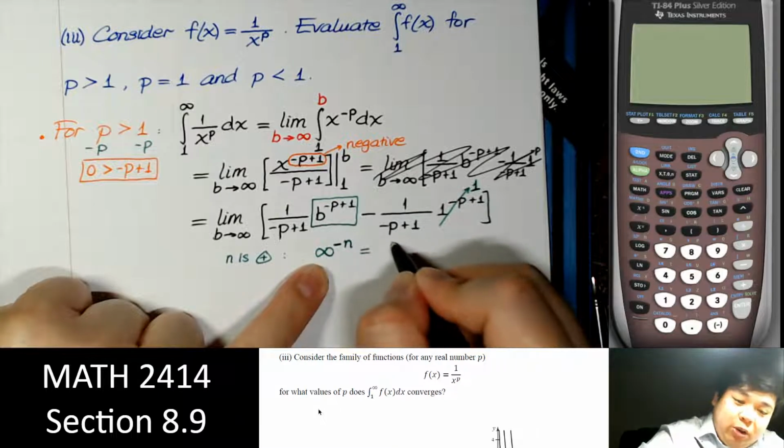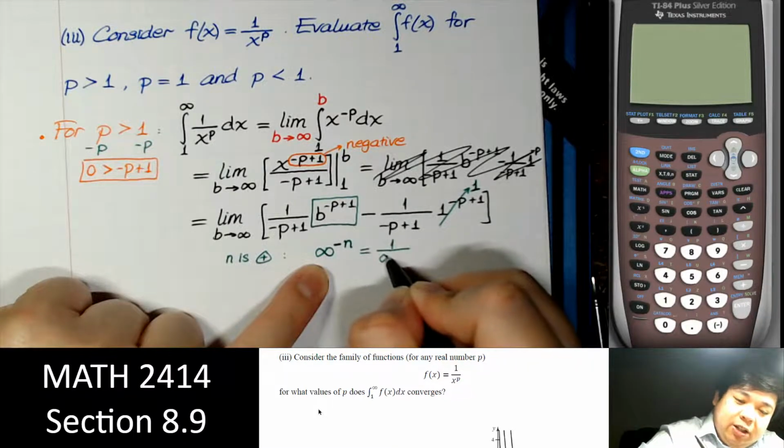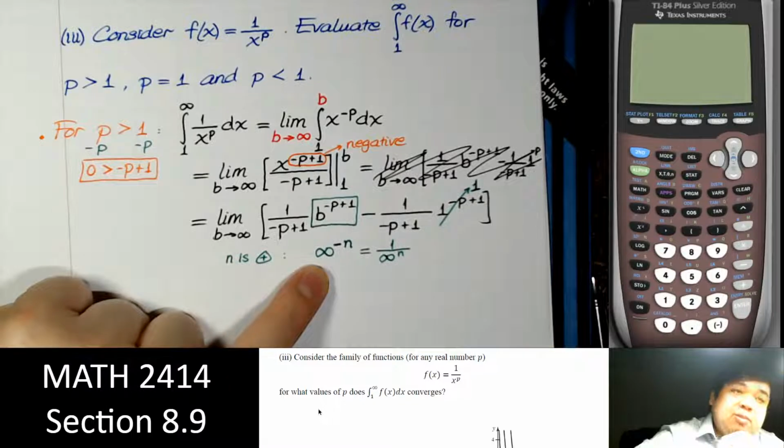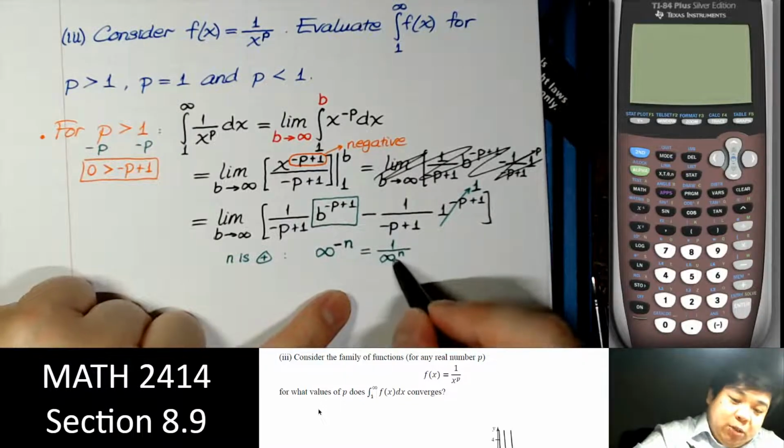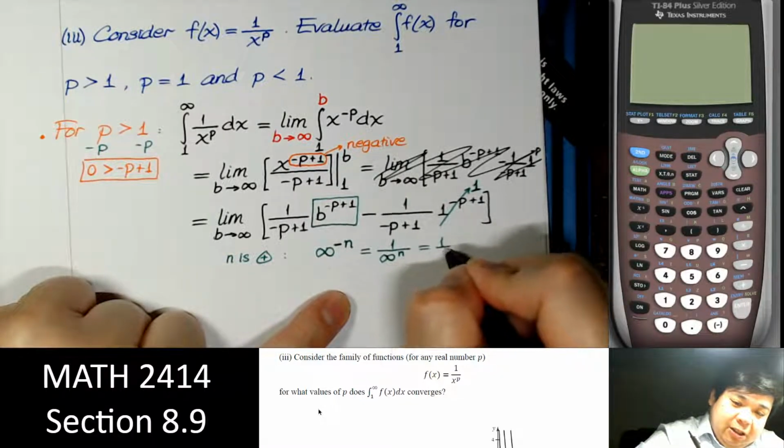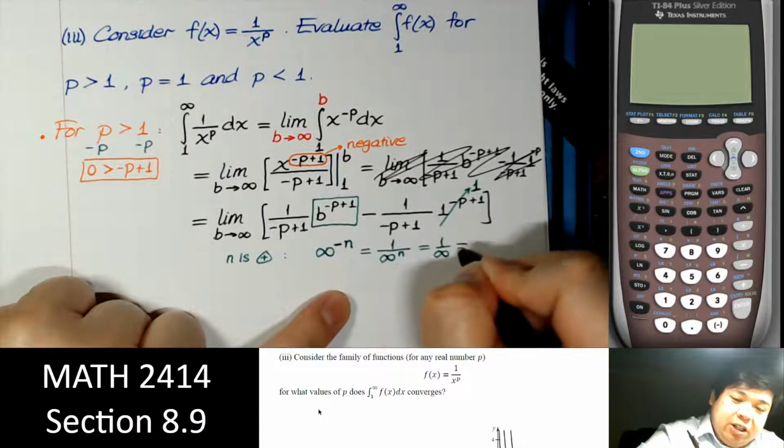When we write this, we can say 1 over infinity to the n power. When n is positive, 1 over infinity is equal to 0.